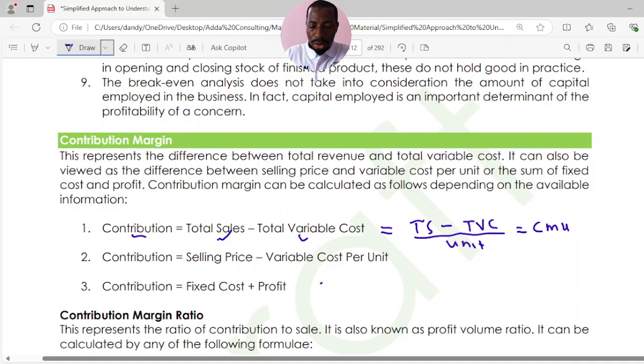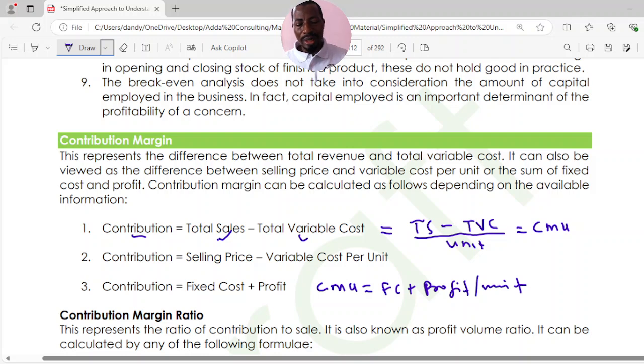If I want contribution per unit, that would be fixed cost per unit plus profit per unit. So that will give me contribution. This is how to calculate contribution per unit.